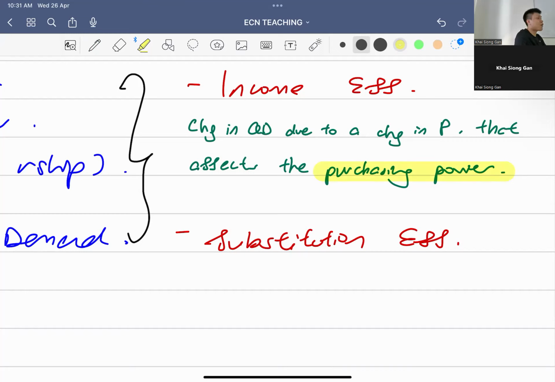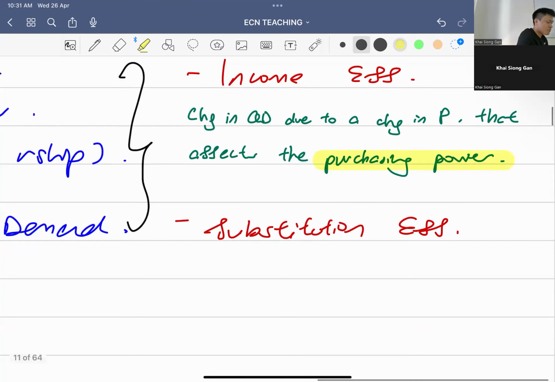You have higher purchasing power right now, not because you're earning more, but because the price becomes cheaper. So I repeat, income effect means that you are able to buy more goods and services not because you have more income, but because the price has fallen. With the same amount of money that you have, you're able to buy more. That's called income effect.